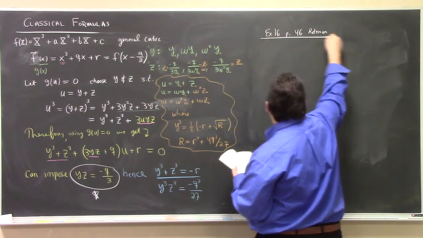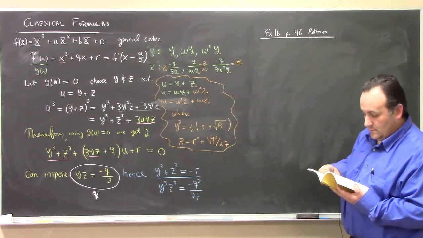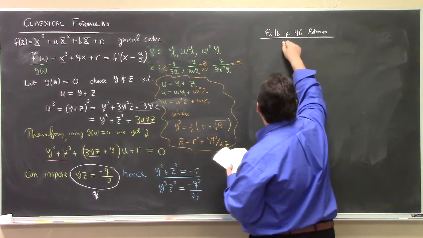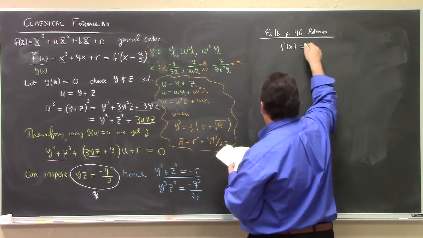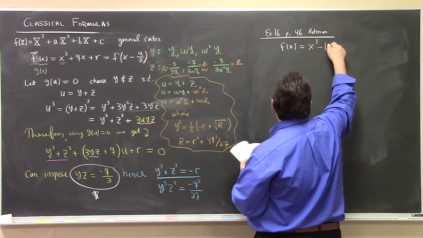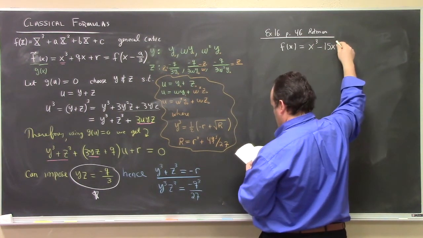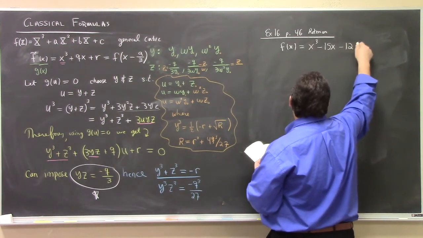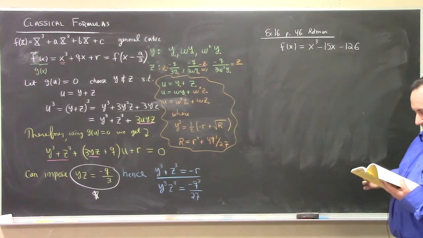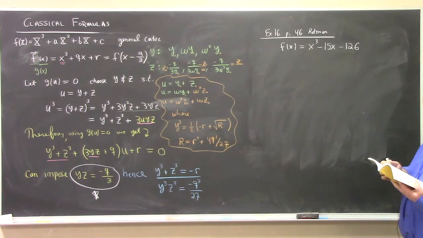By the way, you can borrow a copy of this if you want. So he has f of x equals x cubed minus 15x minus 126. He's started us with a depressed cubic, which is kind, so it's already reduced, all right?